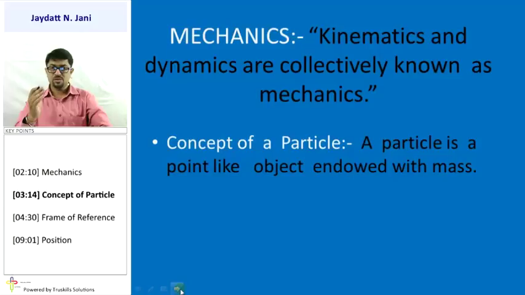If we think about any system with a huge dimension, for example the gravitational force between Earth and Sun, then with respect to the distance from Earth to Sun, both Earth and Sun are considered particles. So in terms of comparison, in terms of a long distance, a small size is considered a particle here.